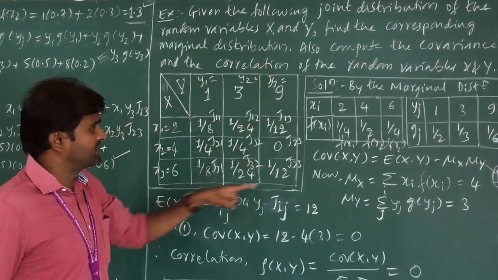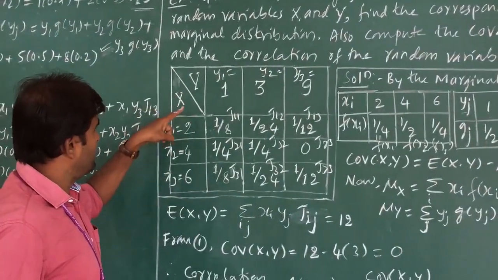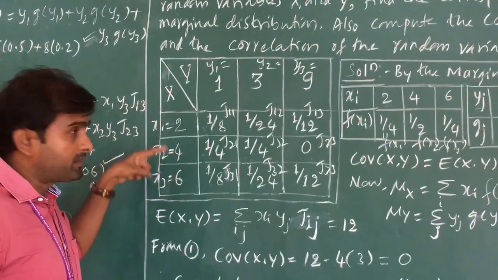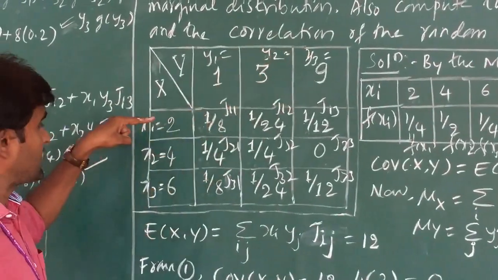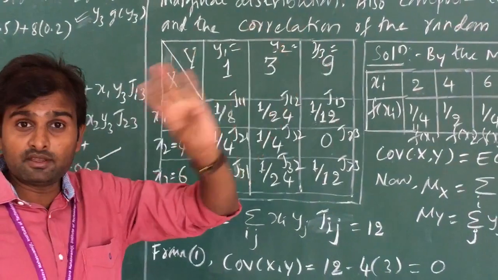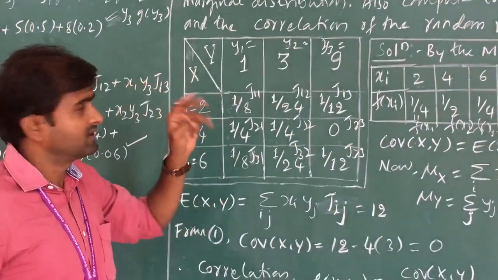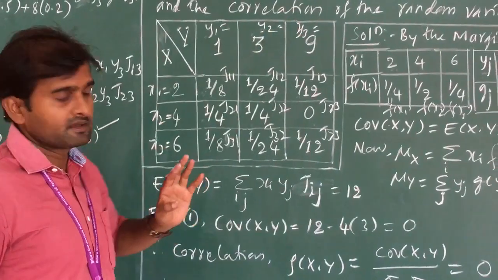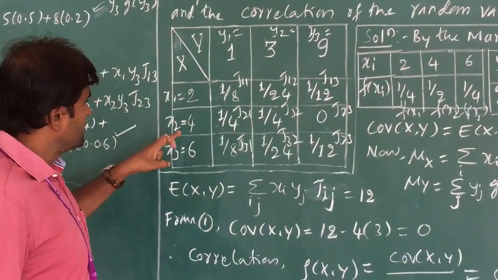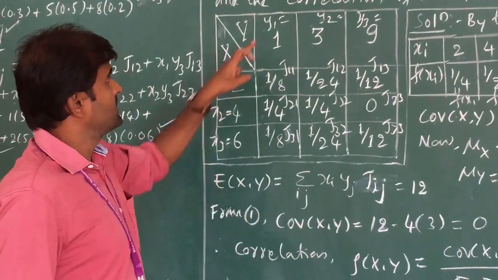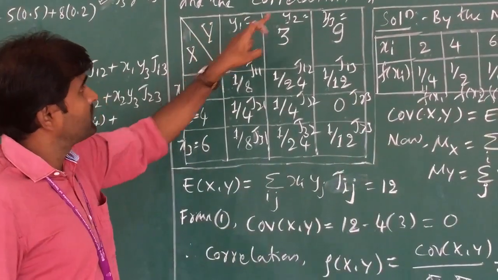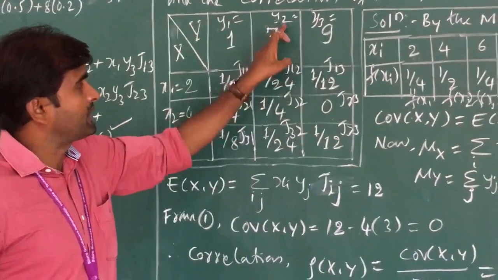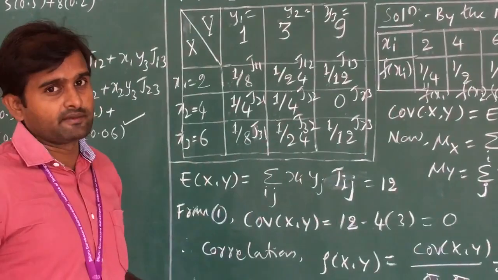In this table we have the random variable x and the random variable y. X has 3 values, y also has 3 values: x1, x2, x3, y1, y2, y3. The values are x1 is 2, x2 is 4, x3 is 6, y1 is 1, y2 is 3, and y3 is 9.